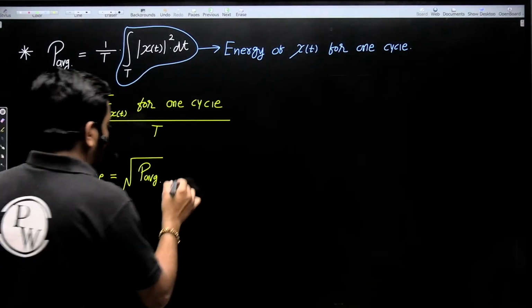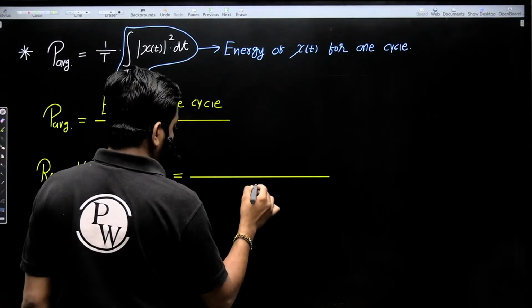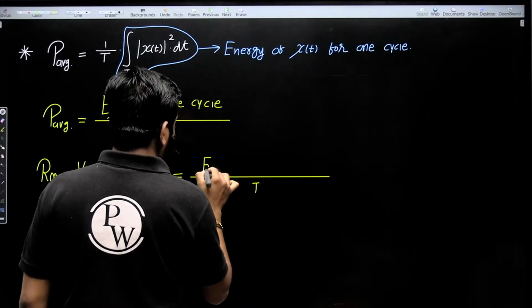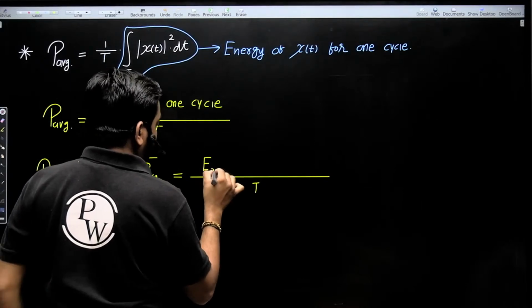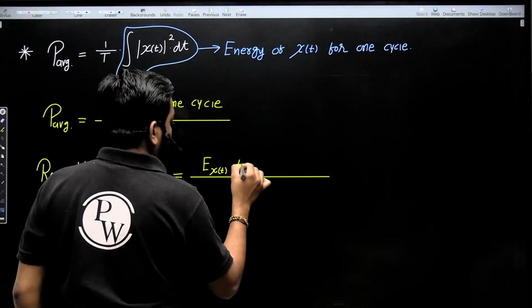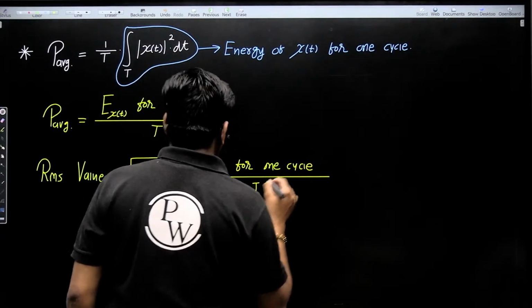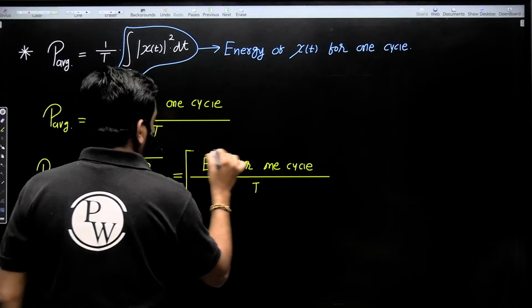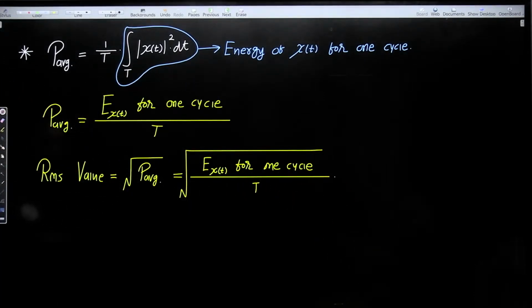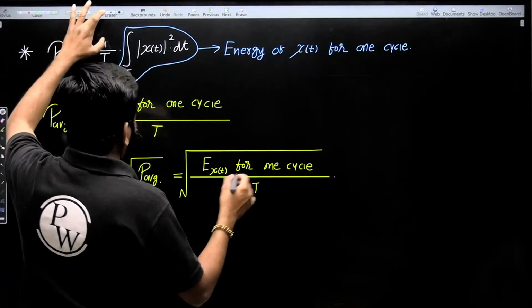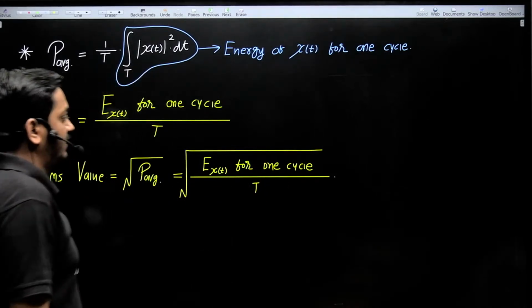Clear? So here it is square root of energy of x of t for one cycle, or over a fundamental time period, divided by fundamental time period.